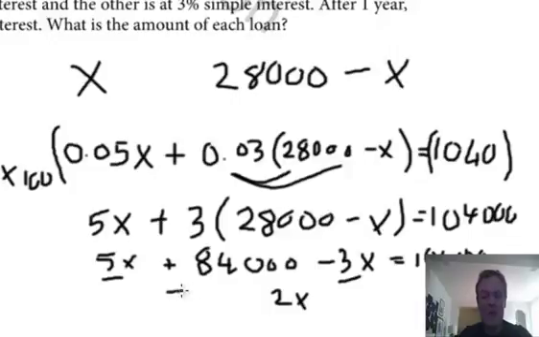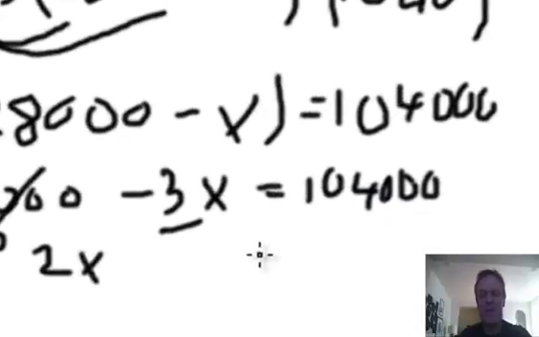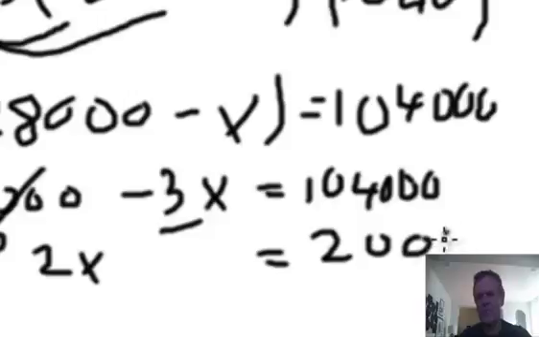So we've got, if I take away the 84,000 from both sides, well, 104,000 minus 84,000, isn't that 20,000? That's 20,000.